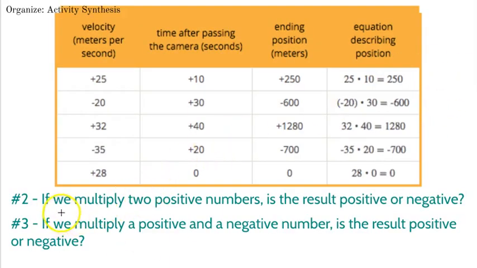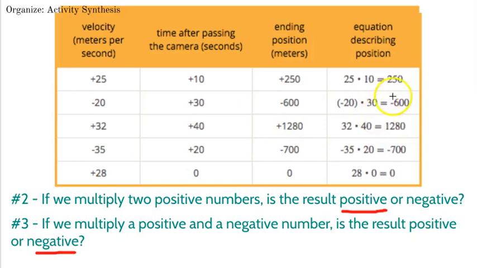So let's think about this. If we multiply two positive numbers, is the answer positive or negative? Yeah, it's positive every time, right? Look at our previous examples. What about if we multiplied a positive and a negative? What happened? Yeah, it's negative each time. And that makes sense because think about it. Multiplication is just repeated addition, right?